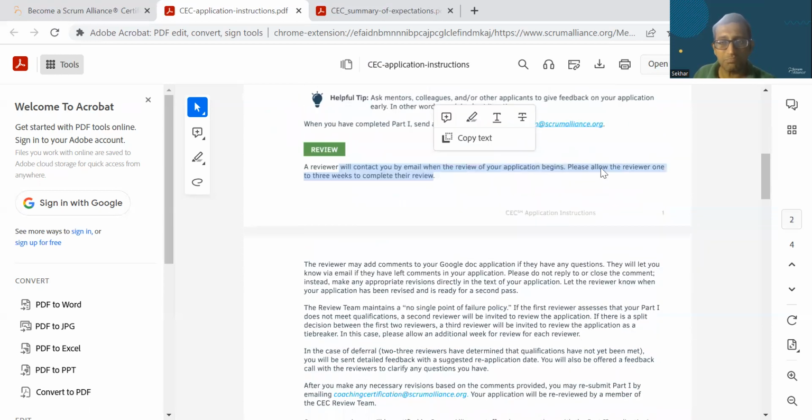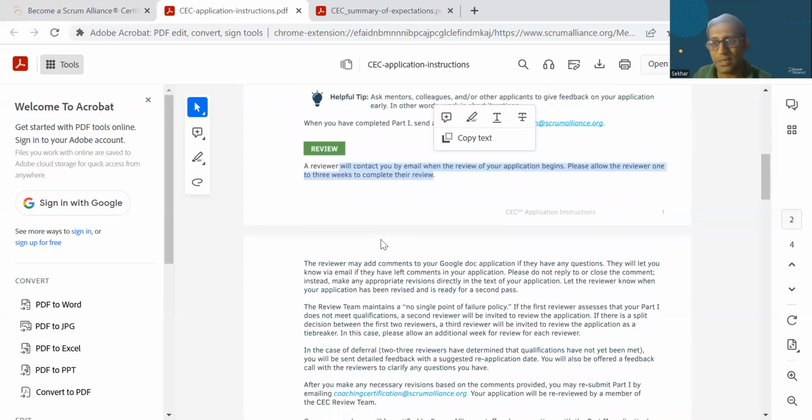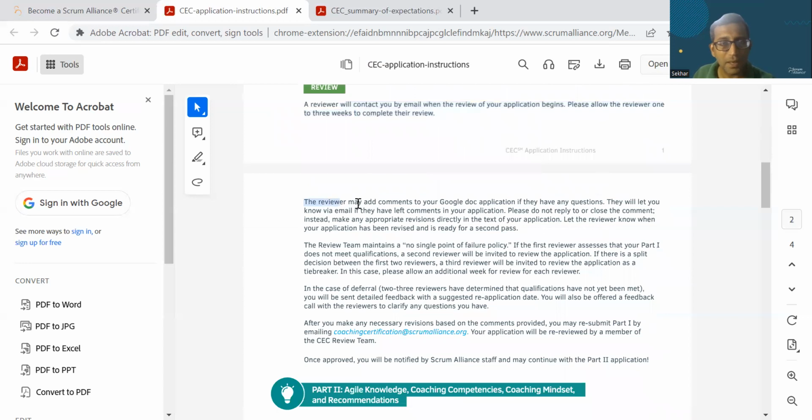It may take 1 to 3 weeks for a reviewer. The reviewer might add comments to your Google Doc, ask questions, or reach out to you about something you have written in your application. So there is a lot of back and forth between you and the reviewer. You have to answer some of the questions raised by the reviewer in the application itself.